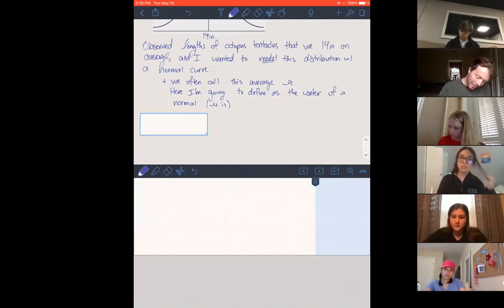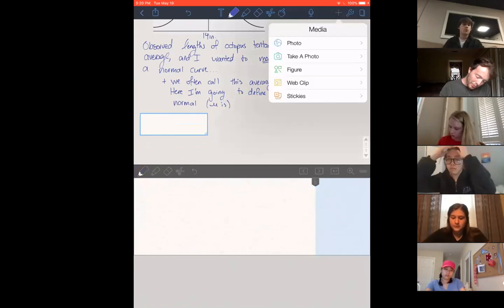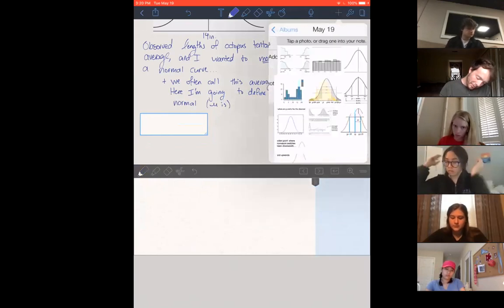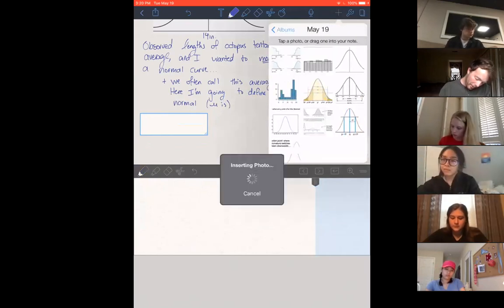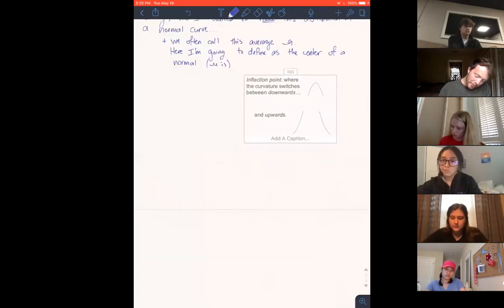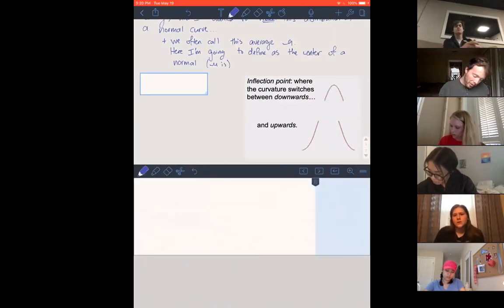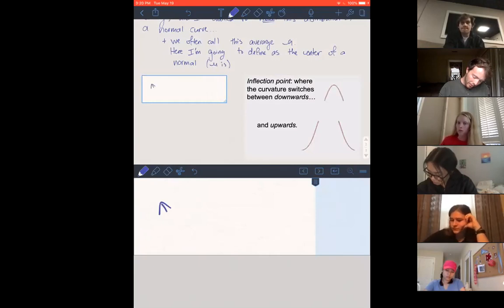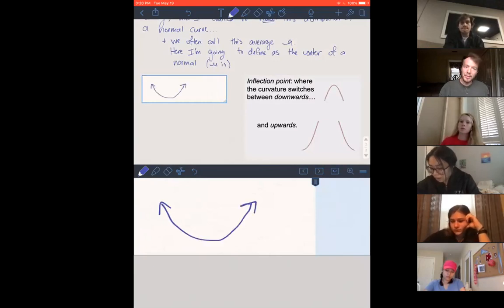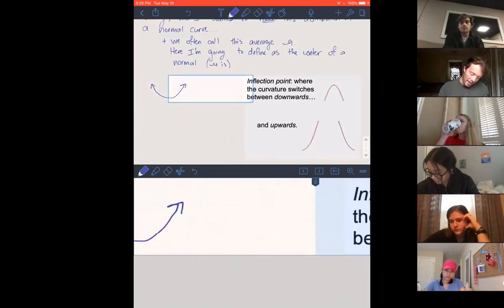So the next thing I want to talk about is the normal distribution has two inflection points. And inflection points are specifically the points where the curvature changes. So I hope you all remember from algebra, we had this curve upward, looks like this, a positive curvature. And then we also had a negative curvature.